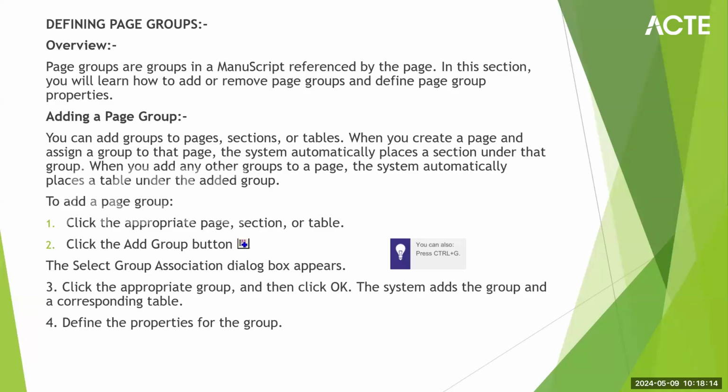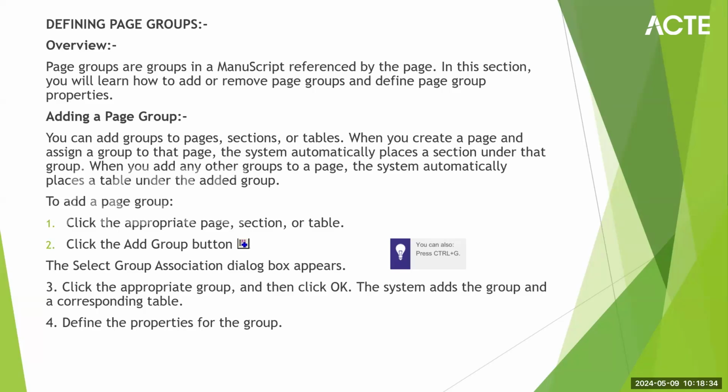So how do we add a page group? You can add a group to pages, sections, or tables. When you create a page and assign a group to that page, the system automatically places a section under that group.